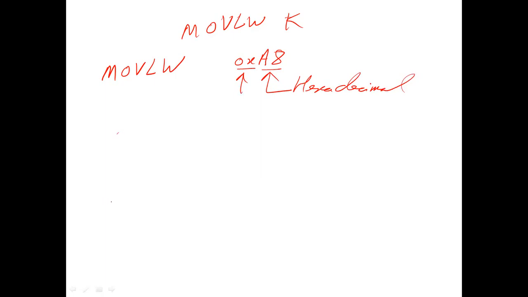This will store the hex A8 in the W register. Move literal to W. This means move this thing into W. So A8 would get stored in W register. So this is a move command.